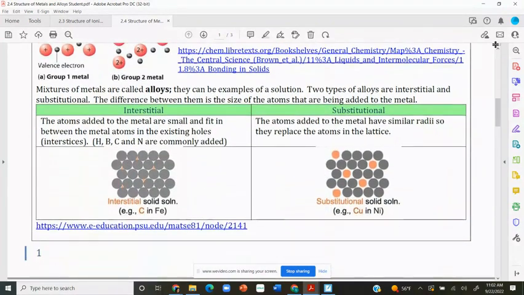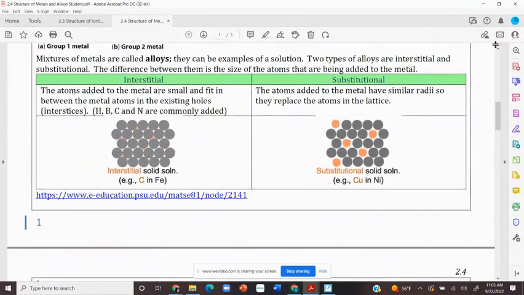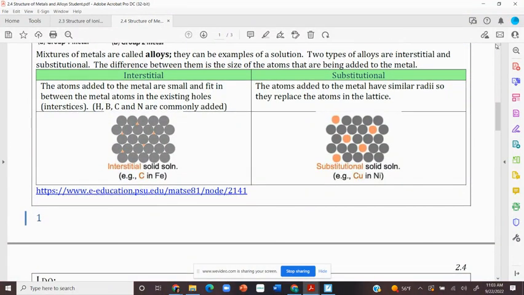All right. We also have stuff called alloys. And what an alloy is, they have taken two different metals or two different substances. They will heat that metal up, get it to go into a liquid state, and then they introduce another element in.